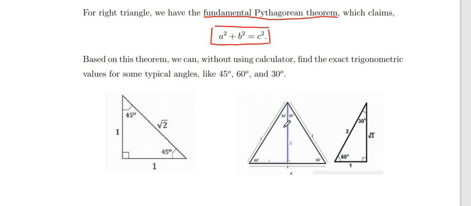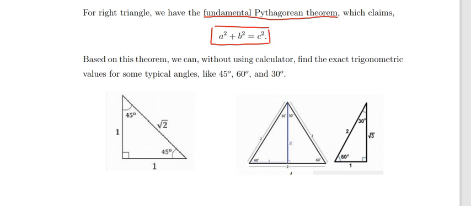We cut this into half, then we get 2 smaller triangles. So we have this side 1, this side 2. Then we can find this side: 1 squared plus b squared equals 2 squared, which is 4, so b equals root 3. So this angle is 30 degrees, and this is 60 degrees.